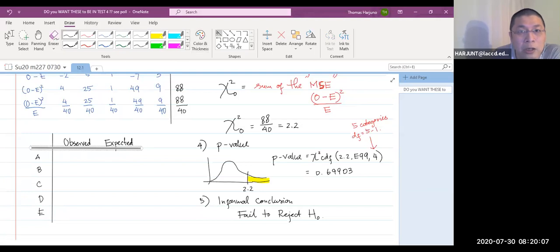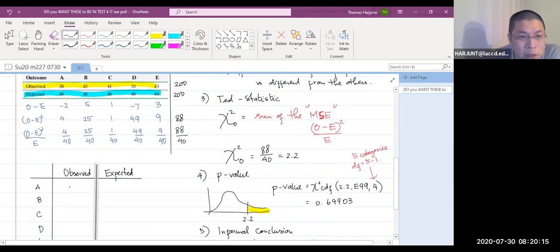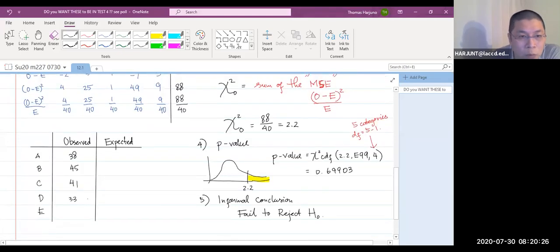Now, I said earlier that they actually give us more than enough information there because they want to make life easier for us. So let me show you what I mean. This is 38, 45, 41, 33, 43, and then when we add them, it's supposed to be 200.